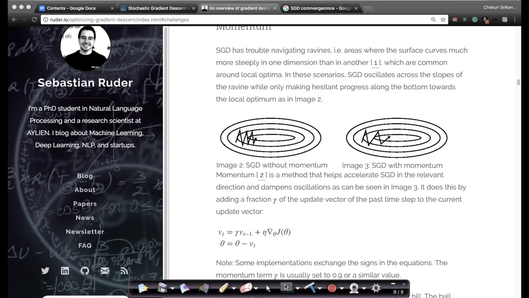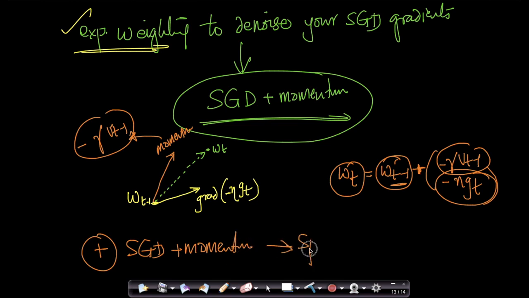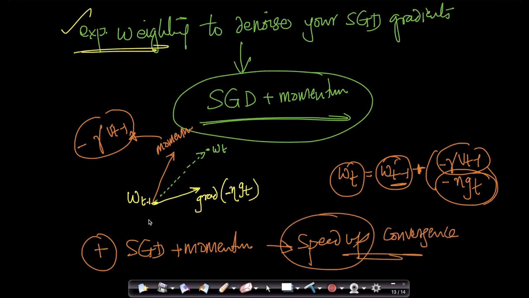So in a nutshell, the most important reason why we learn SGD with momentum is that SGD plus momentum will speed up your convergence dramatically. This is a very, very important idea in the whole of optimization. As important as the idea of SGD is, equally important is the idea of momentum.